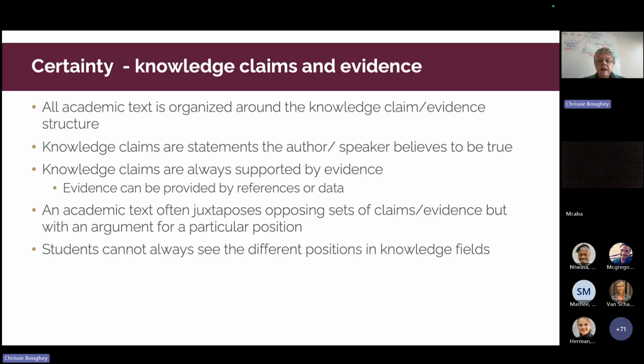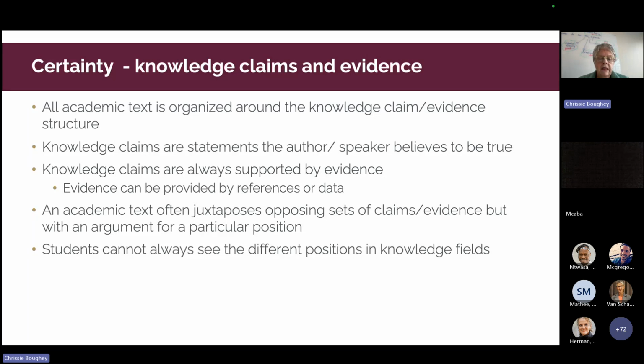And what happens is that in an academic text, the authors or the speakers, if giving a formal lecture, juxtapose opposing sets of claims and evidence. It's like they're saying, well, this group of people say this, but on the other hand, they'll refer to a different position in the belief system, and they'll present claims and evidence on either side.